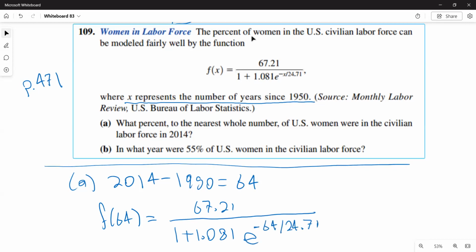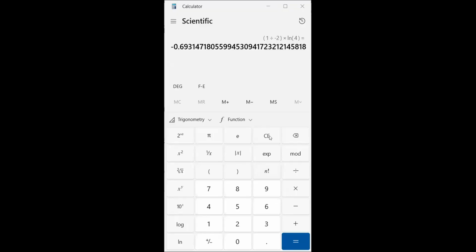So what I'm going to do is just evaluate this in a calculator. This is 67.21 over 1 plus 1.081. Remember to use grouping symbols for the denominator, times e raised to, so more grouping symbols, negative 64 over 24.71.